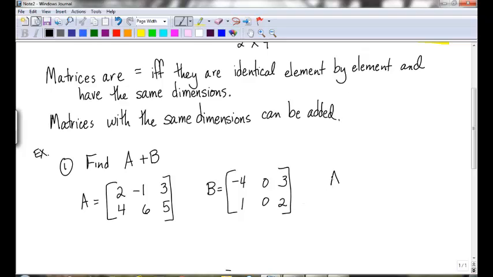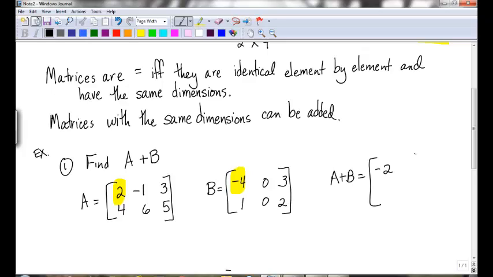Okay. Now, the author does a lot of writing. No, you just look at it. When you do this, you look at it position for position. This is in the first row, first column. This is in the first row, first column. You just add them together, and do it by sight. You don't have to write all that stuff down. So that's going to be -2. Add them position for position.